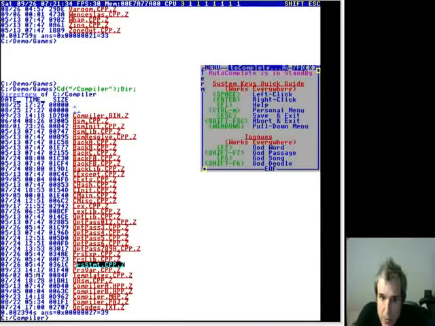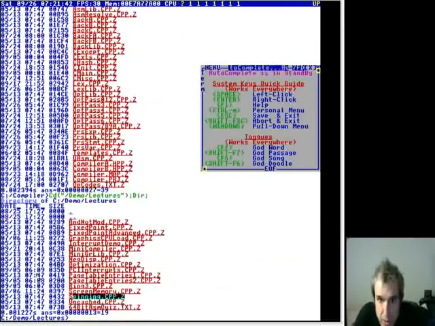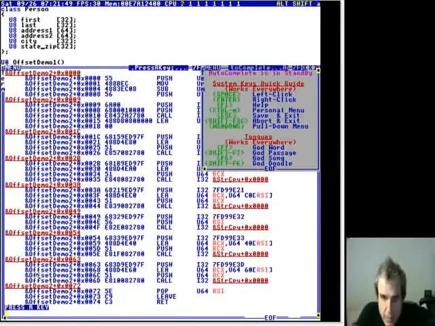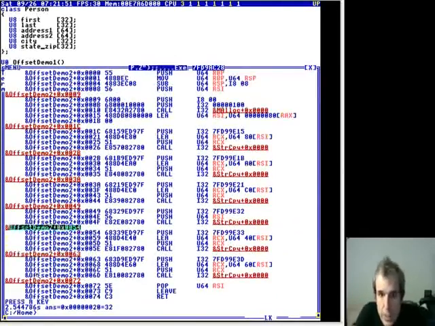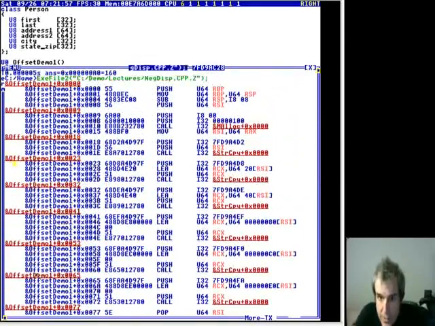So the parser, well, I want to brag about a feature. You can have negative displacements off of your structures. If you'll notice, there's a single byte displacement, and then there's a 4-byte displacement; there's addressing modes.